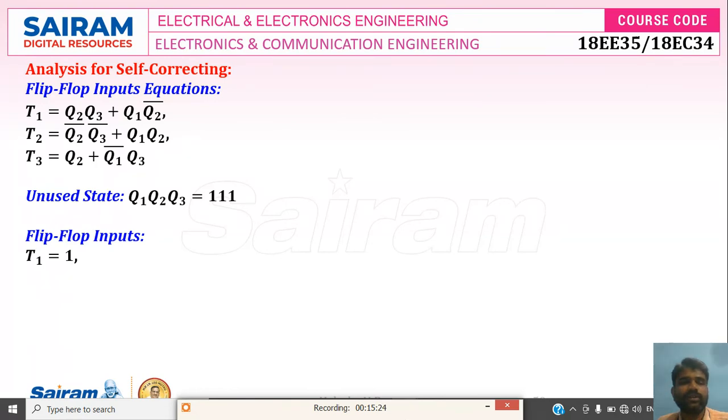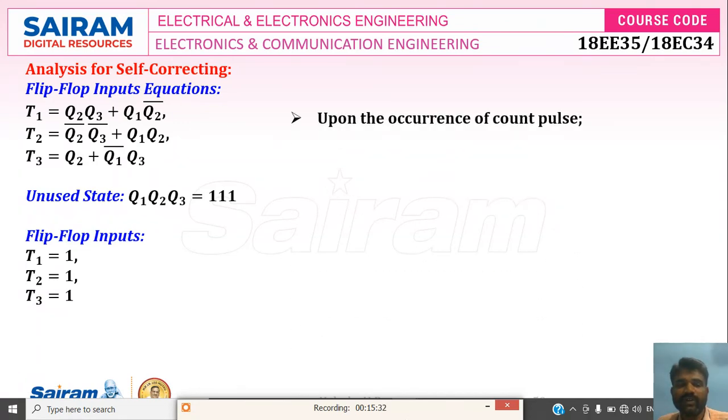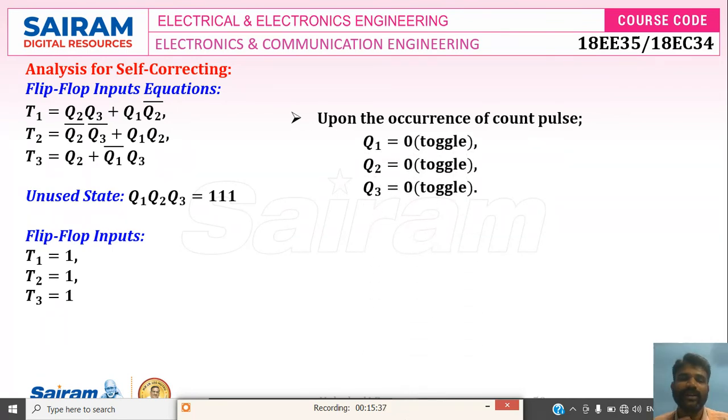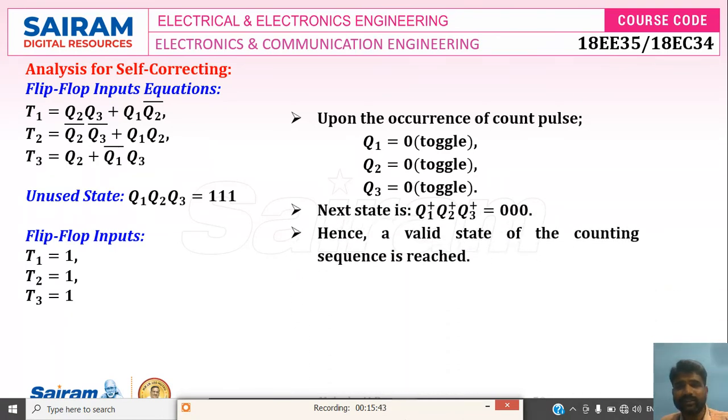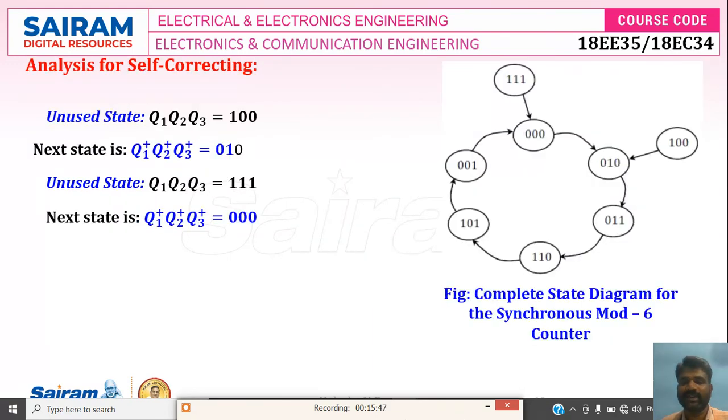For T1 you will get 1, T2 1, T3 1. So once the clock pulse occurs, all toggle, since the present state is 111, the next state is 000. So this is the next state. Hence it is also a valid counting state. So this is the complete state diagram. Clear now?